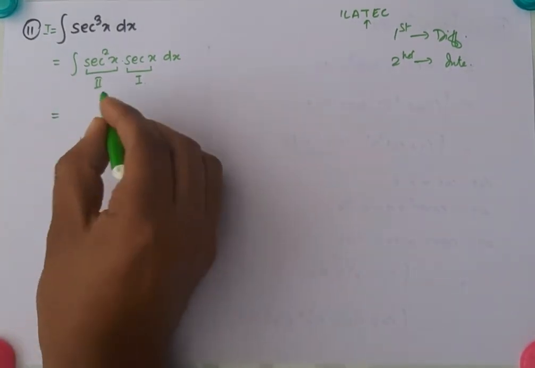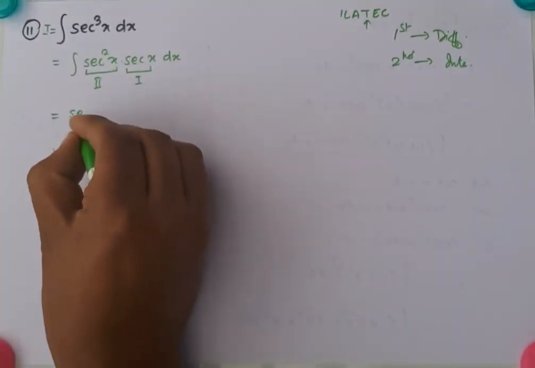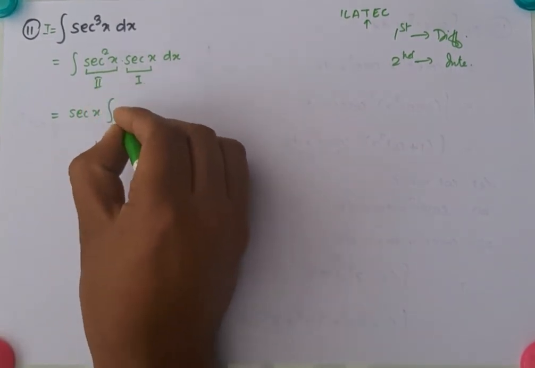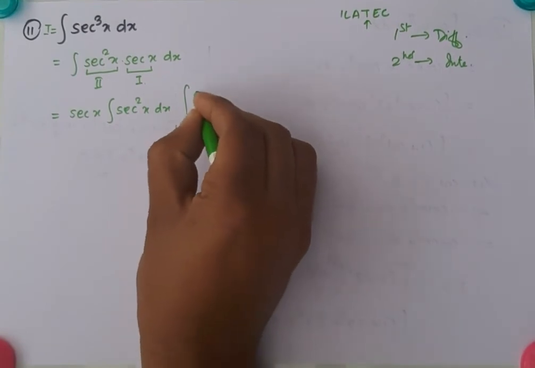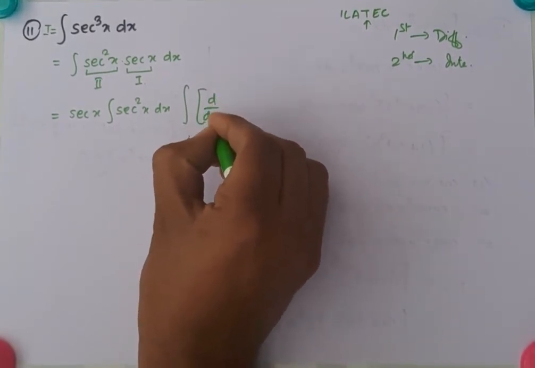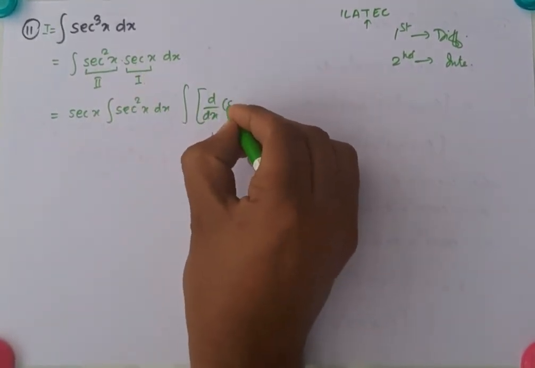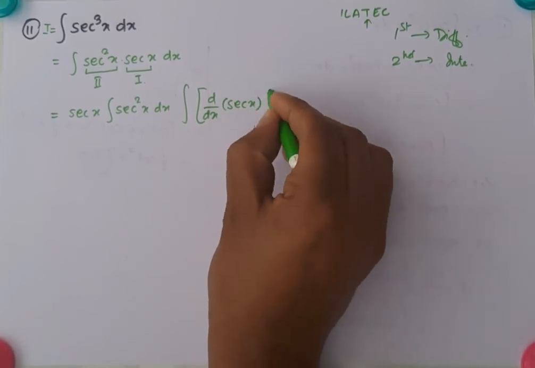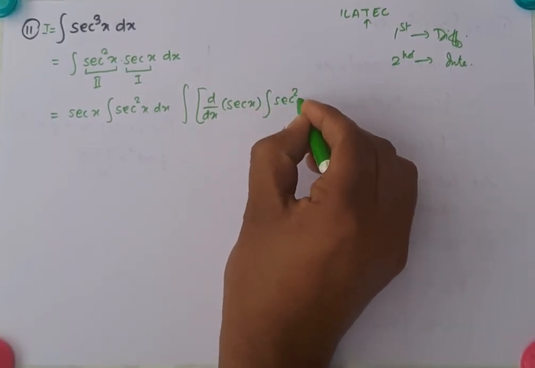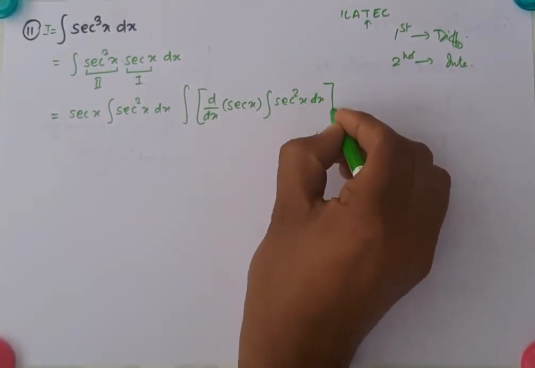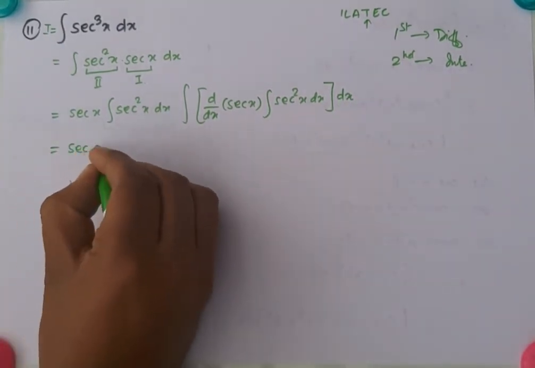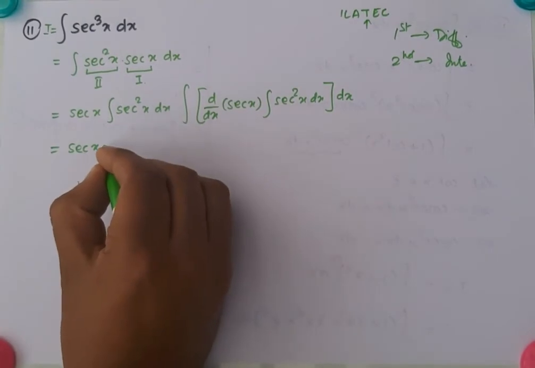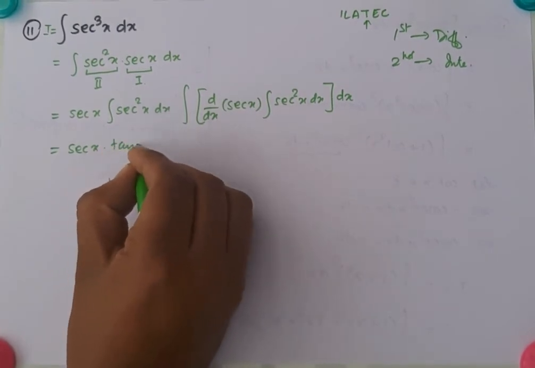So if this is your first function, then this will remain outside. We have to integrate the second function, that is sec square x dx, right? Now minus integral of derivative of first function. So what is the first function? It is sec x. So we have sec x times integral of sec square x dx. Now integral of sec square x is tan x.